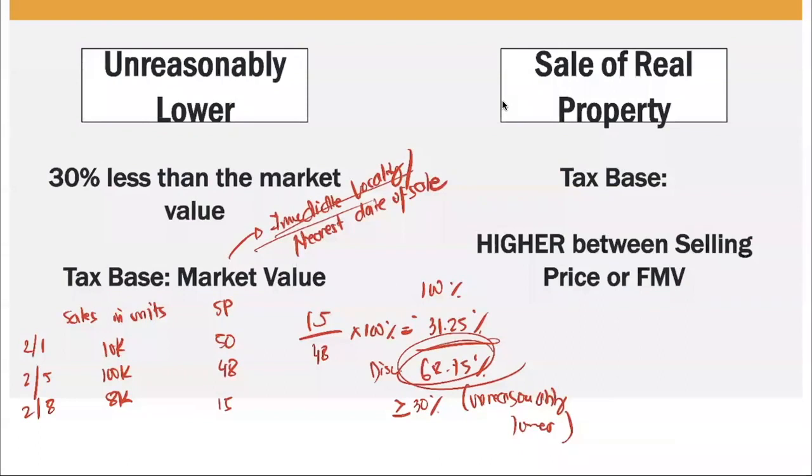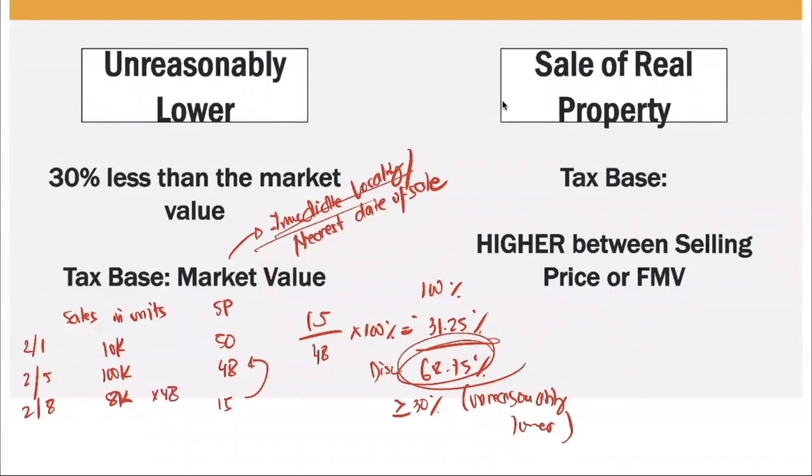Now the question is, what is the market value that you will use? If we look into your market value, it is dependent on the market value in the immediate locality or the nearest date of sale. Our nearest date of sale here is at 48. Therefore, these 8,000 units should be sold at 48.